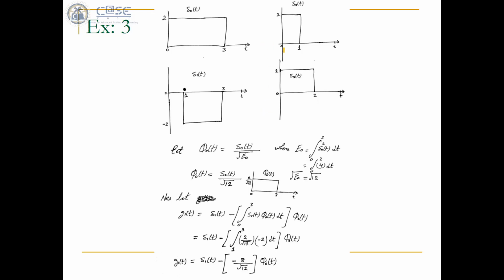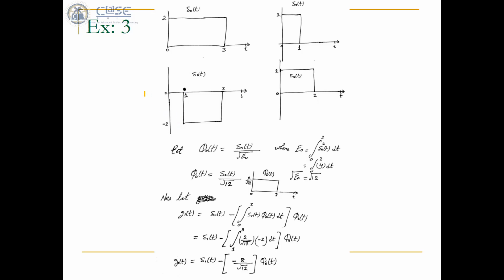This signal exists only for 1 second, and it remains quiet for the remaining time till 3 seconds. Similarly, this signal S3 of t is amplitude 2 till time 2 seconds, and it remains quiet, or in other words sends nothing, from 2 till time 3. This signal is constant 2 from time 0 till 3, and this signal is something like this.